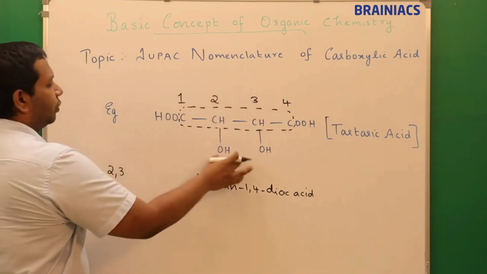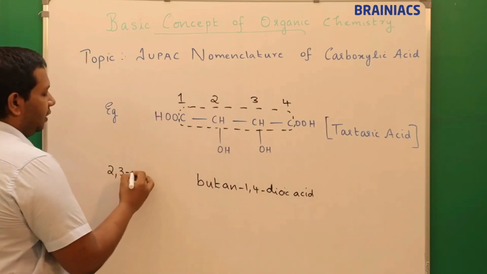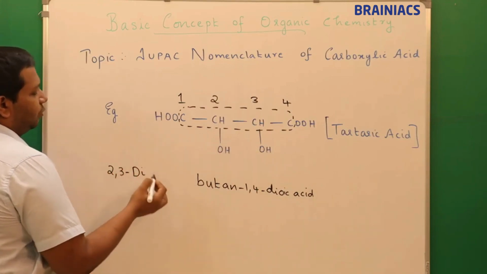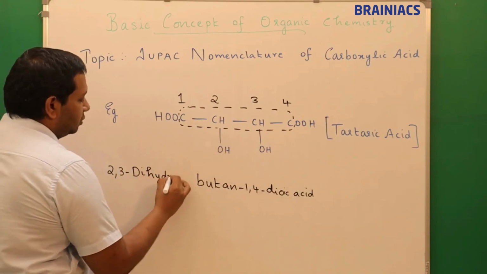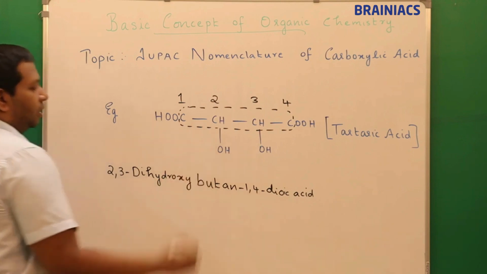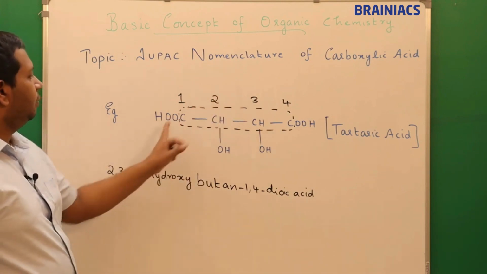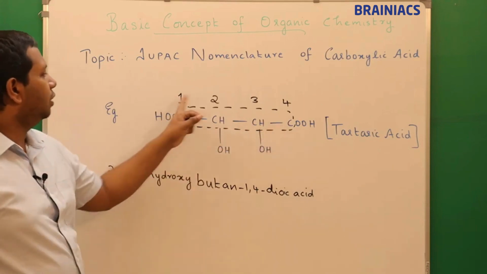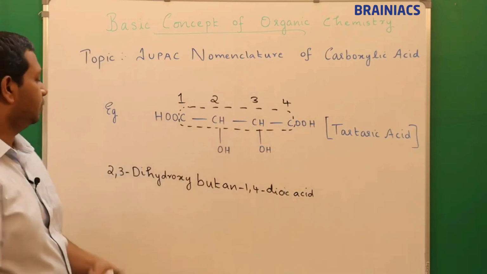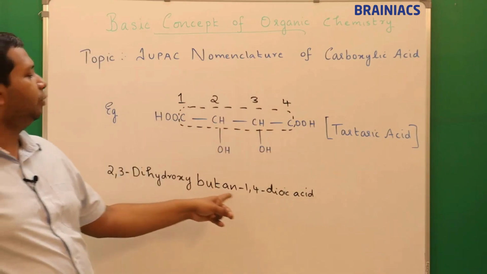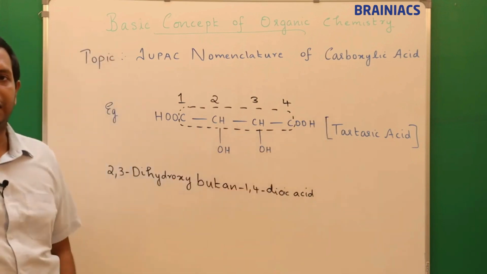Why? Because both are same actually. So 2,3 hyphen, then I could use di, because 2 are there. Dihydroxy. So you can see here 2,3-dihydroxybutane-1,4-dioic acid. Understood? That is called 2,3-dihydroxybutane-1,4-dioic acid, which is tartaric acid.